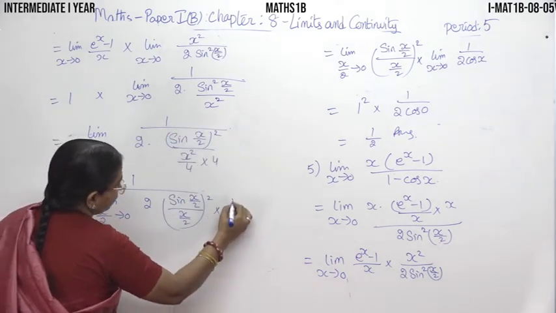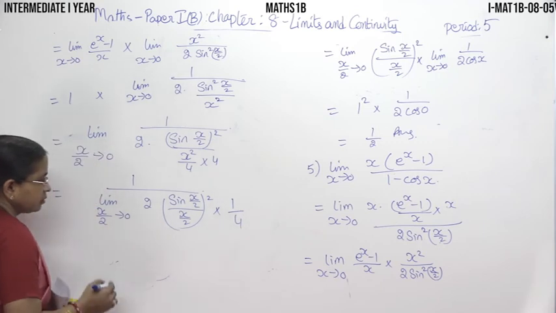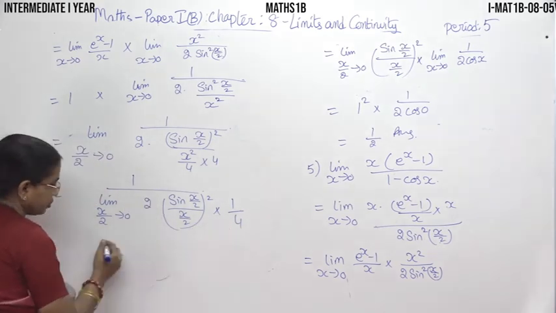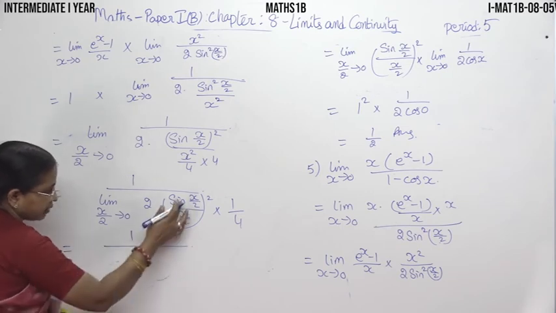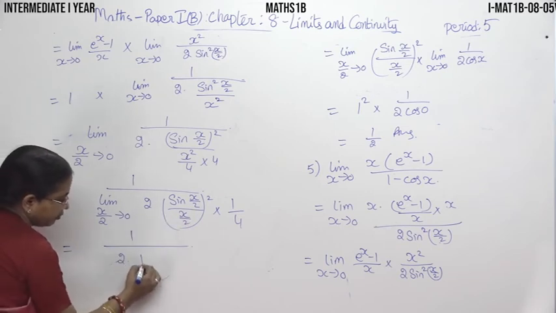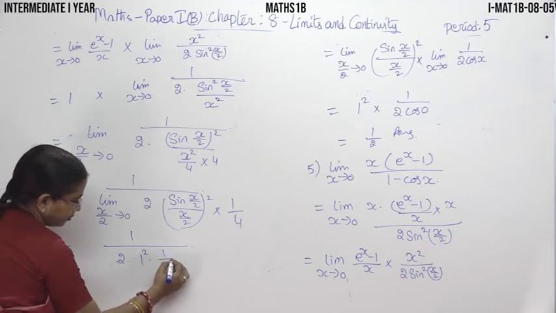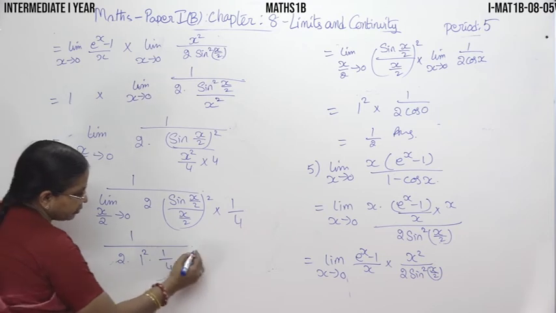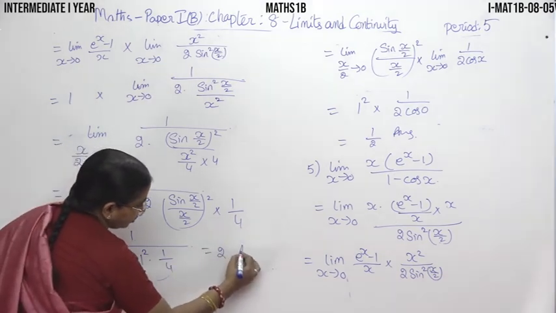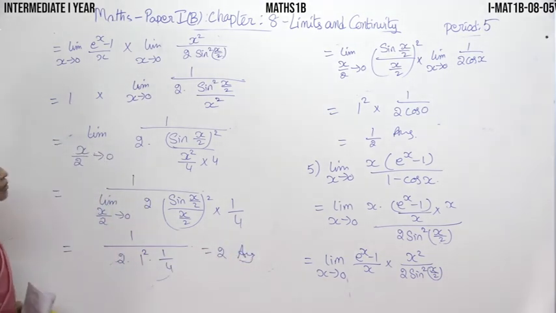Now this 4 actually goes to the numerator, or otherwise I'll write 1 by, this limit is 1. So 2 into 1 square into 1 by 4. So it is 1 by 2, and when 4 goes to the numerator it is 2. So the answer is 2, like this.